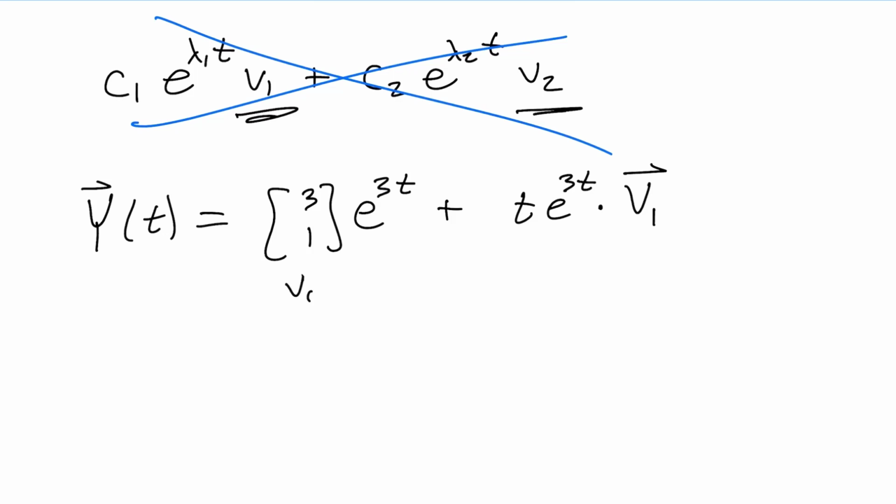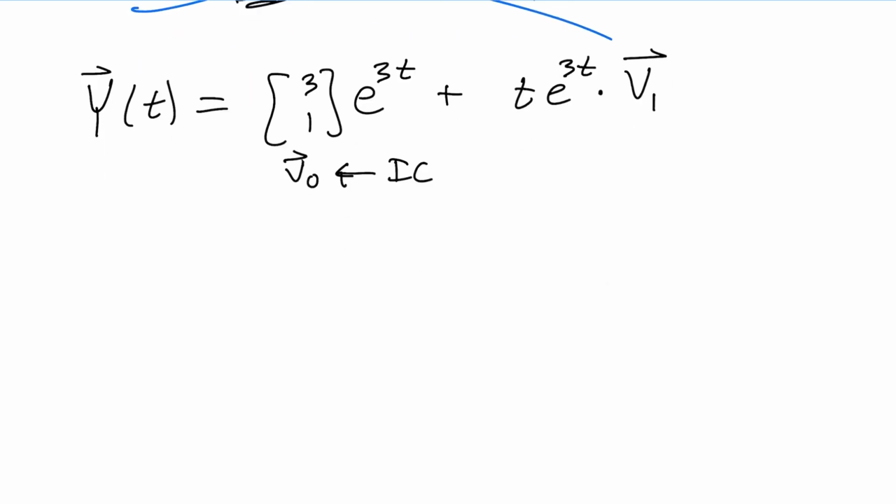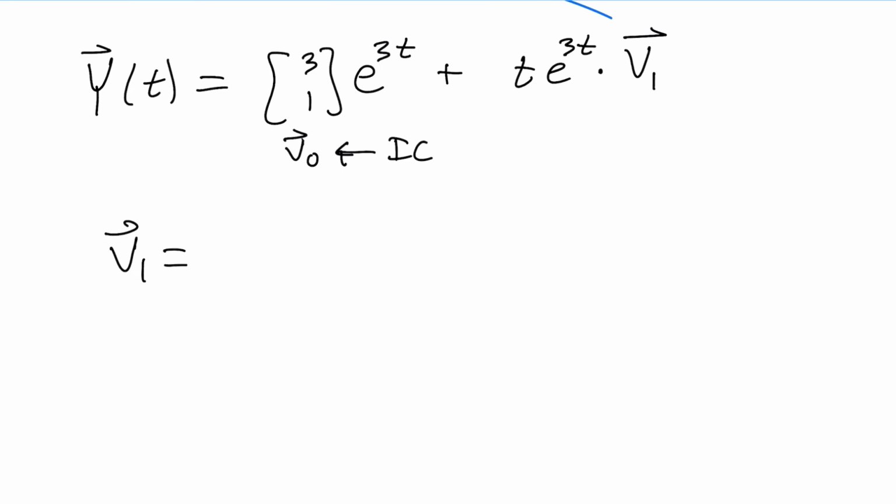Sometimes we call the initial condition v0. The definition of v1 is the A minus lambda I matrix multiplied by the initial condition.